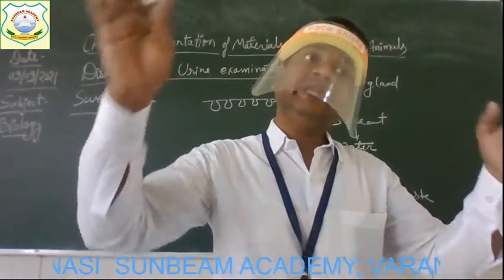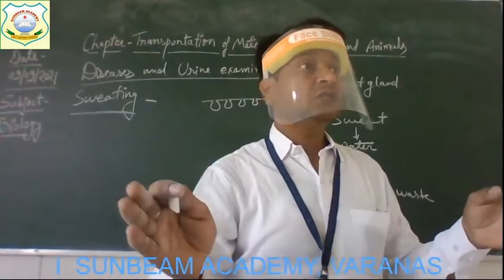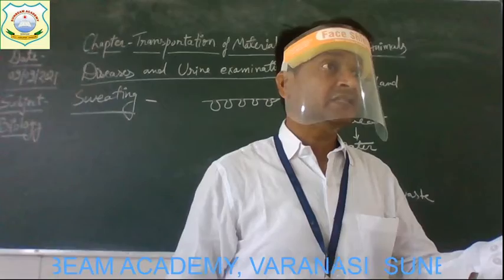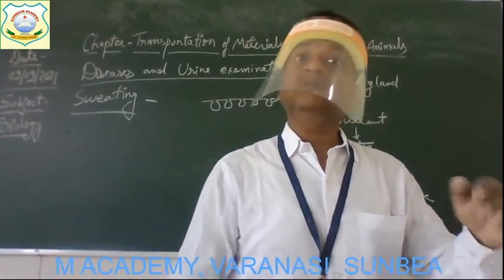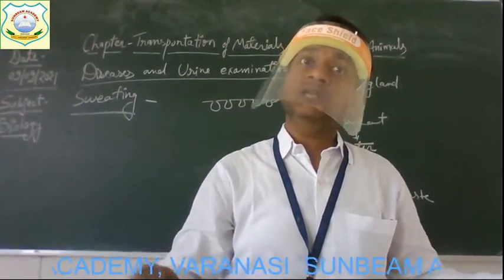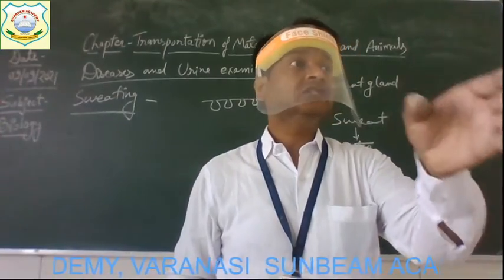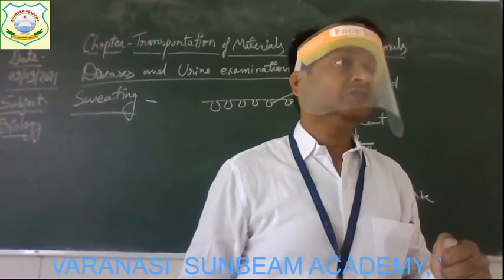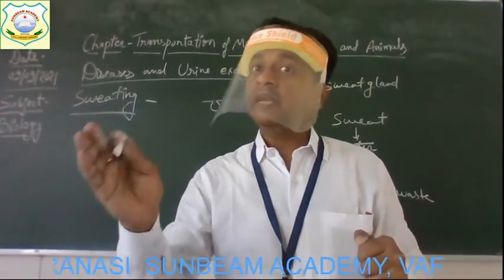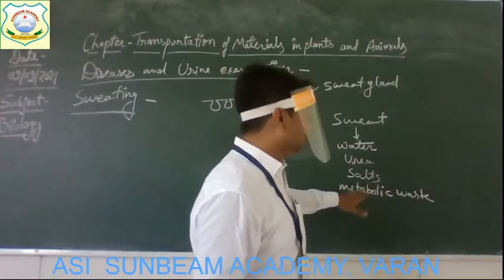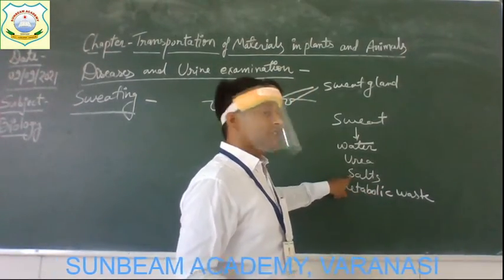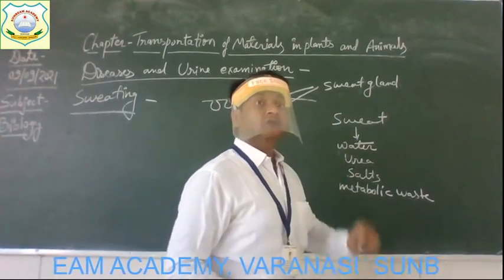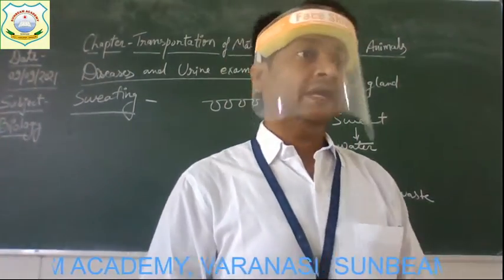All the materials produced during certain metabolic, chemical reactions in the body that are not useful for the body are known as metabolic waste. And these metabolic wastes are removed along with the salts and urea in water through the sweat glands in the form of sweat.